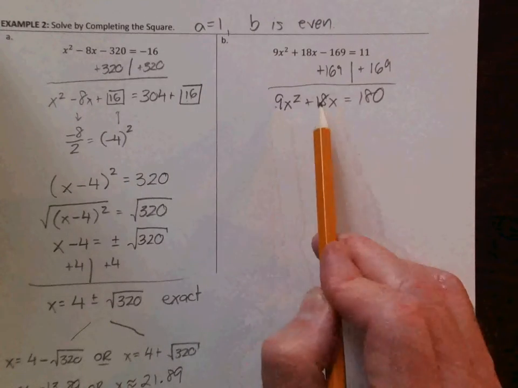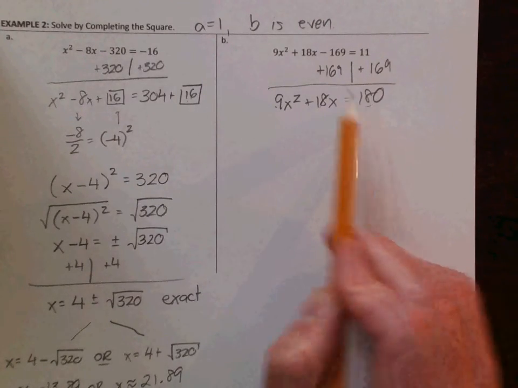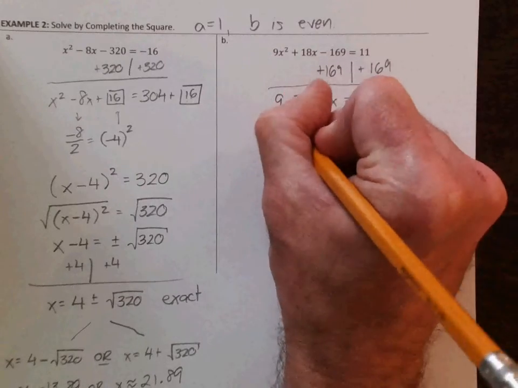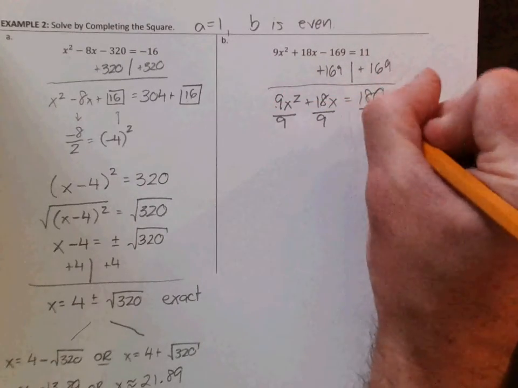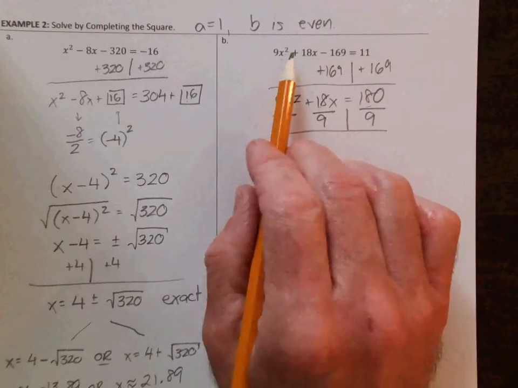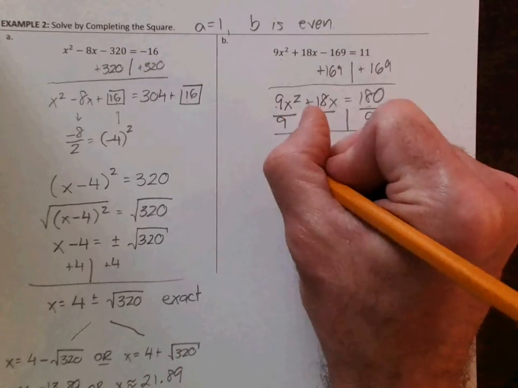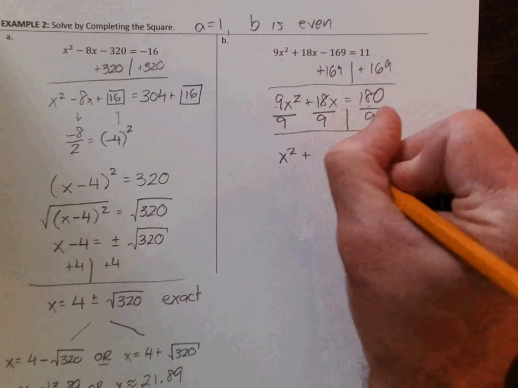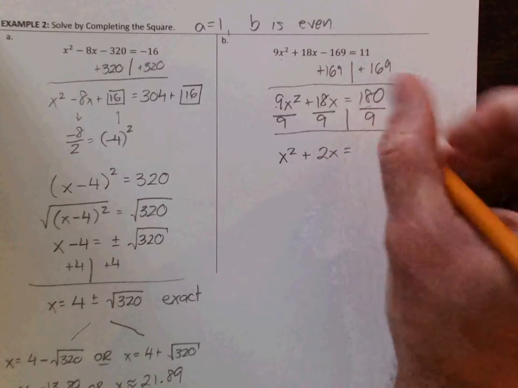However, 9, 18, and 180 are all divisible by 9. So I'm going to do that right now. Notice that wasn't true in the original statement, but it is true here. So I'm getting x squared plus 2x is equal to 20.